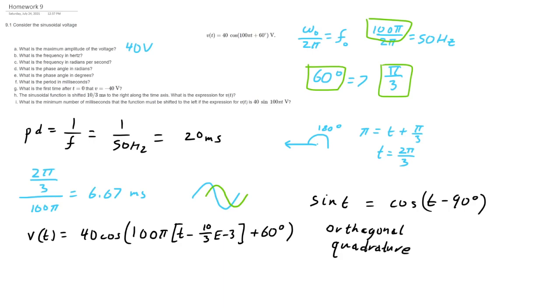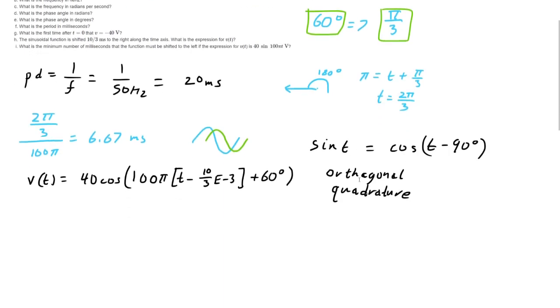This becomes important for some other applications, but in this case, we're just using it to solve a math problem. So we're going to have 40 cosine of 100 pi t minus, let's call this t shift, plus our 60-degree phase angle.